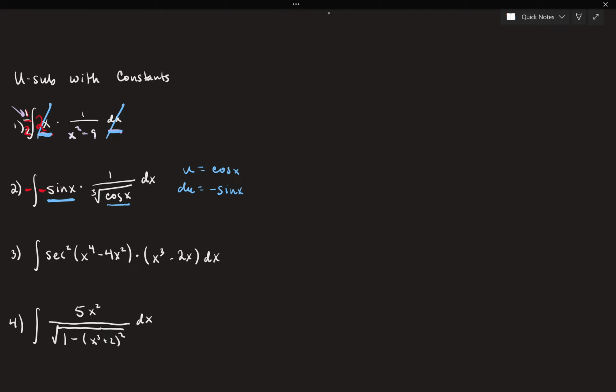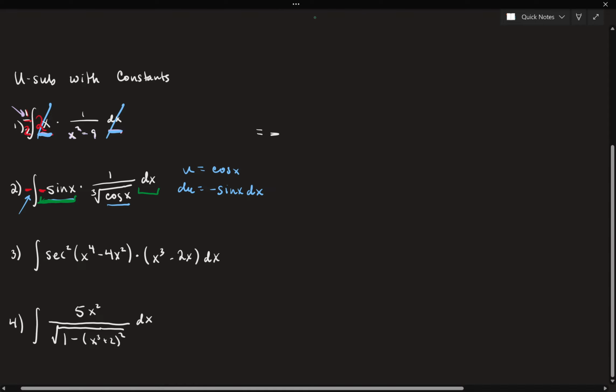So this integral is going to be negative, that's the first negative sign, negative sine x dx. Sorry, du, I forgot that dx over there. Negative sine x dx, I'm putting that in green. That's du.